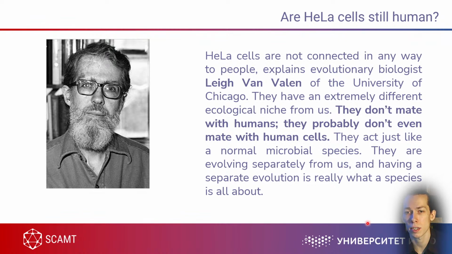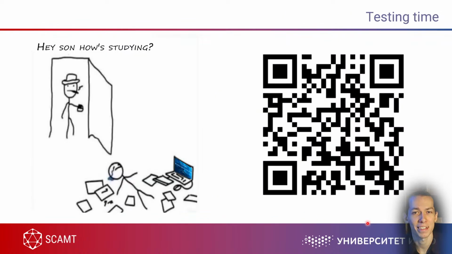So HeLa cells are more like an animal, not like a human, because between humans, the similarity of genomes is like 99%. So HeLa cells are very far from a real human. And if you want to test something on HeLa cells, it will probably have almost nothing connected with the real situation, especially when we are talking about nanoparticles. So, and that's the time.